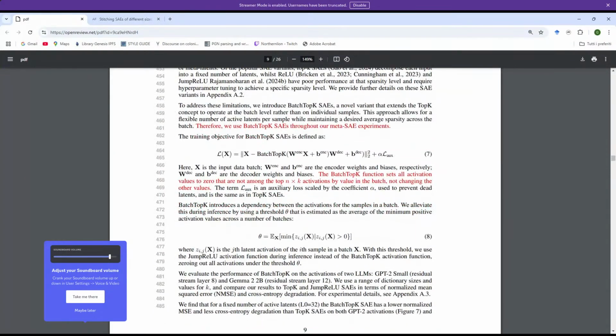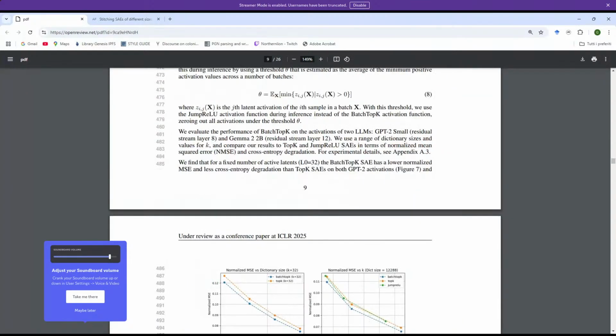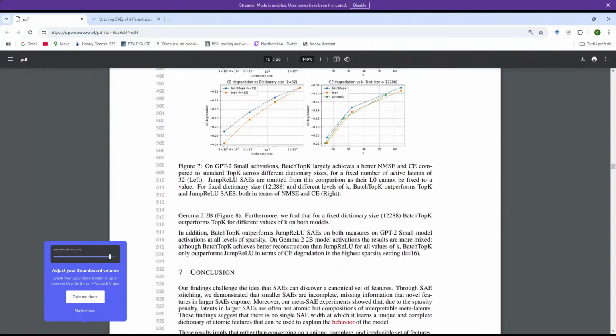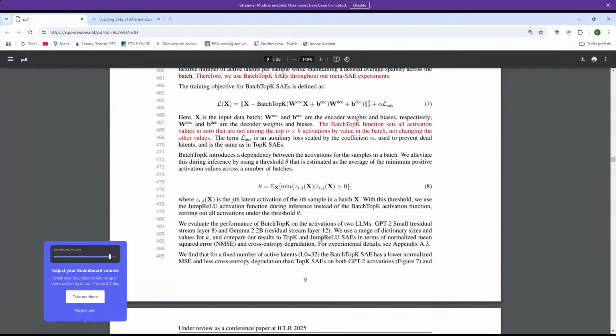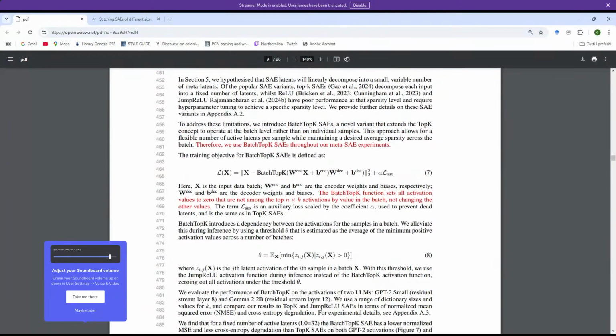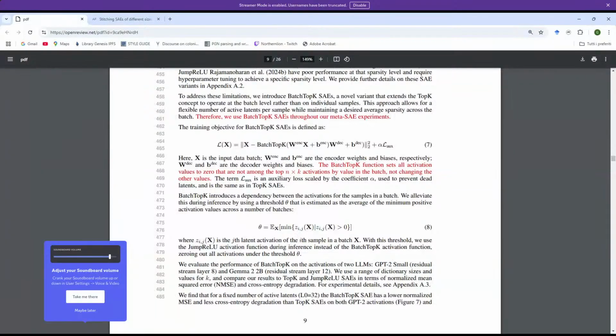And this means that when they train it, which I'm not sure where it says, I think only in the appendix, they train it with a certain batch size, but then while training, they compute the expected threshold that would get the wanted sparsity over this imaginary batch.